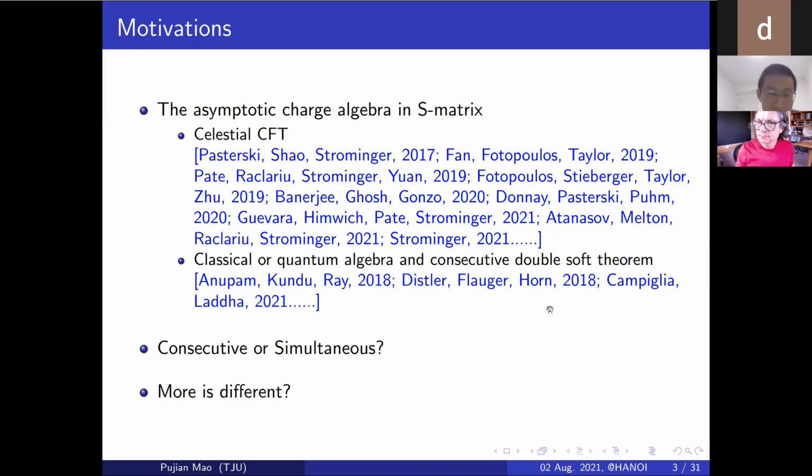But surprisingly, when I checked the literature, as far as I know, I only found 3 papers, and they are working on the interplay between the consecutive double soft graviton theorem and the BMS charge algebra.